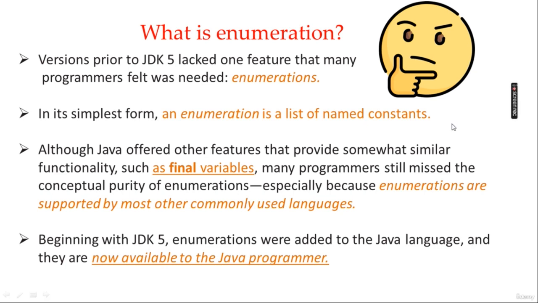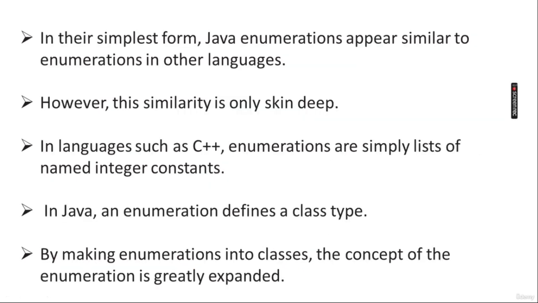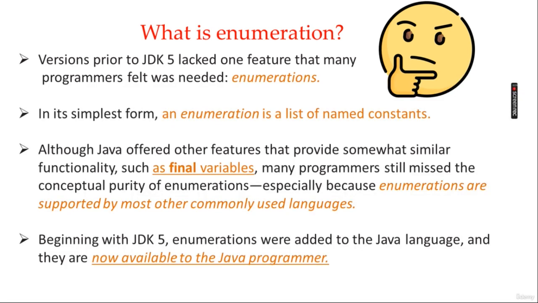Now we will start with enumeration. What is enumeration? Versions prior to JDK 5, that is Java 5, lacked one feature that many programmers needed, that is called enumeration. Before Java 5, there was one feature missing. That feature was enumeration. Enumeration is a list of named constants.